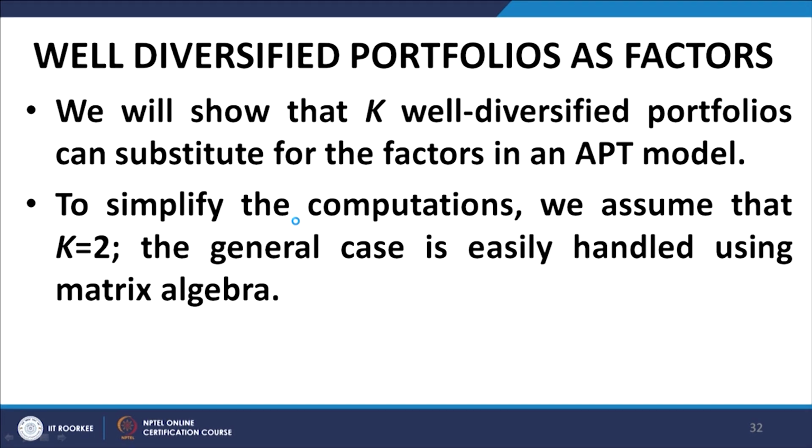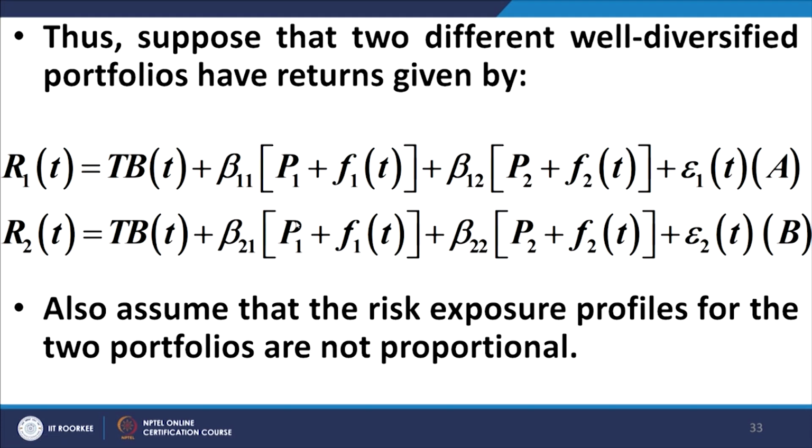For this purpose, we assume that k is equal to 2 to keep the exposition simple and tractable. Of course, for larger k we can always take recourse to matrix algebra and prove the results. So, we will show here that k well diversified portfolios can substitute for the factors in an APT model. The proof is rather simple.